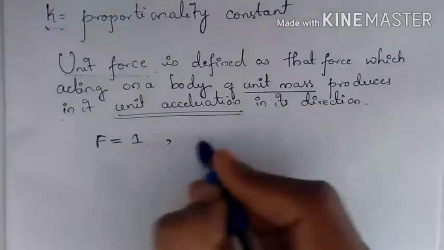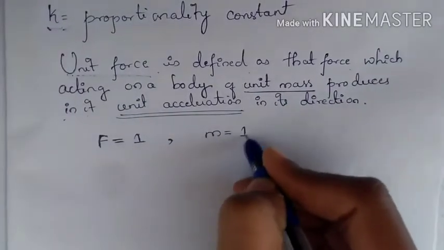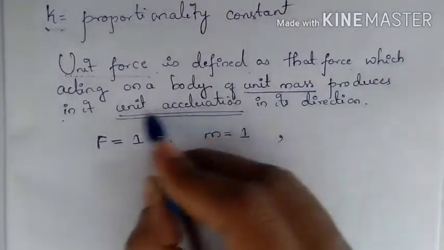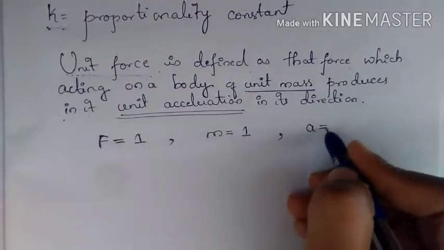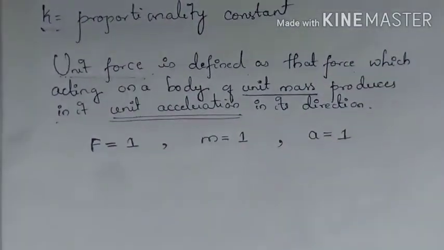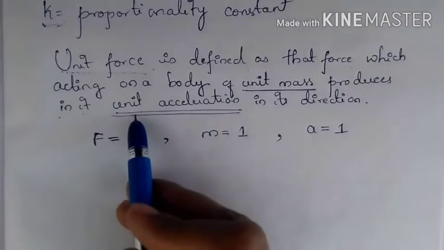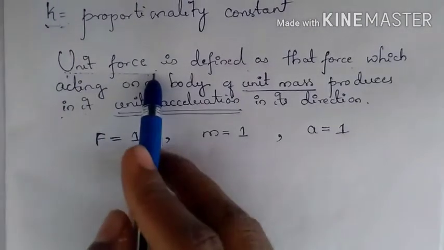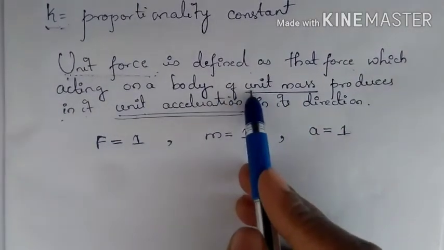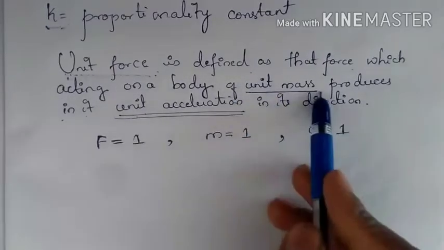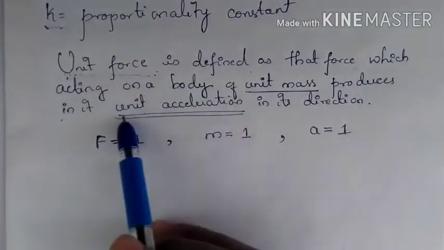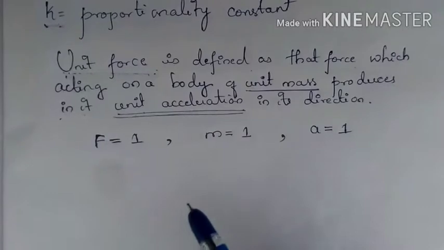And mass is also unit, so m is equal to 1. And a is equal to 1 unit. So it has been clearly said that for unit force we need unit mass. If we have unit mass and unit force, then it produces unit acceleration.